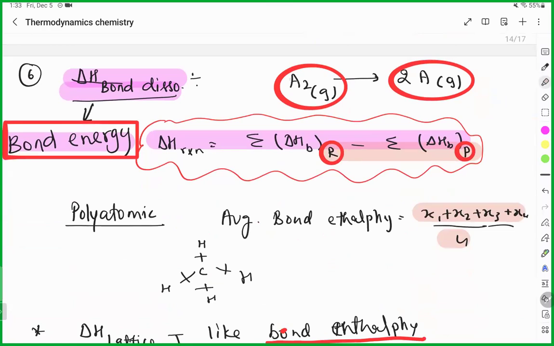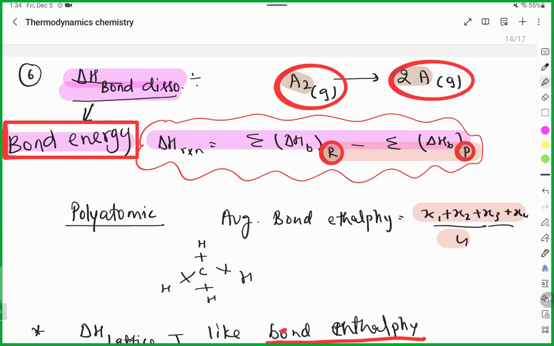For example, you have any two atoms joined together, so there's a bond, and the energy required to break this bond is the bond dissociation energy. Understood? So this is reactants minus products.